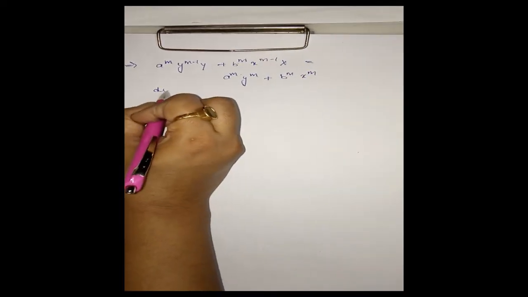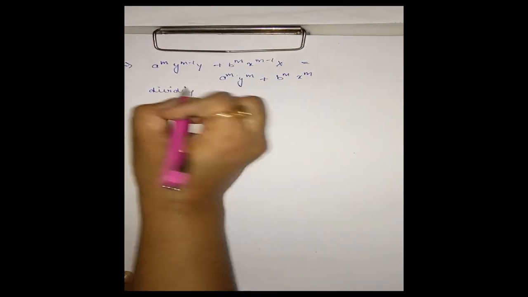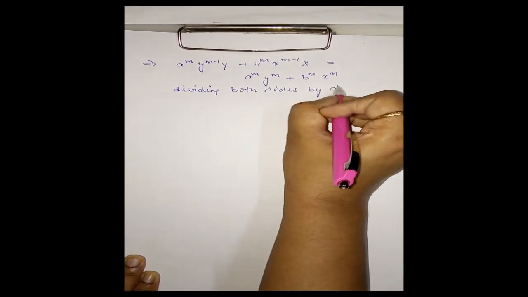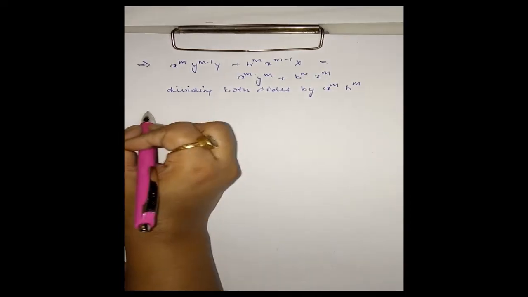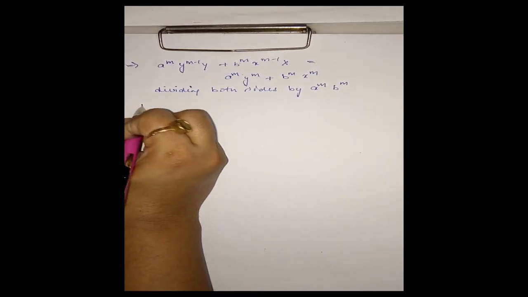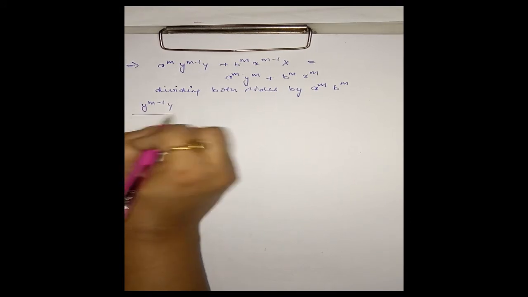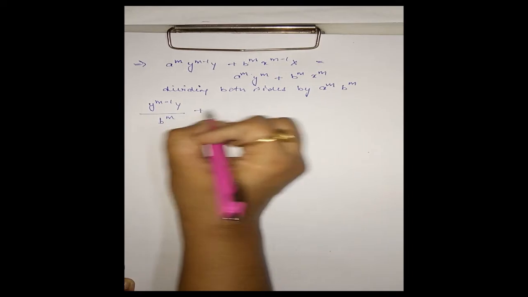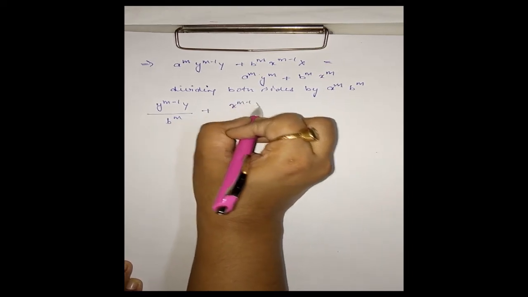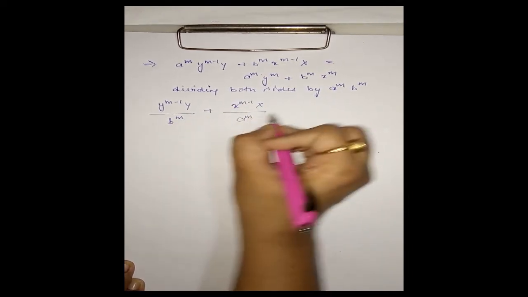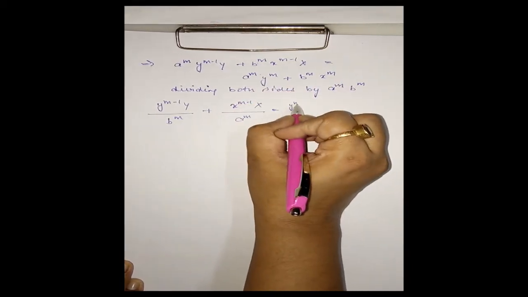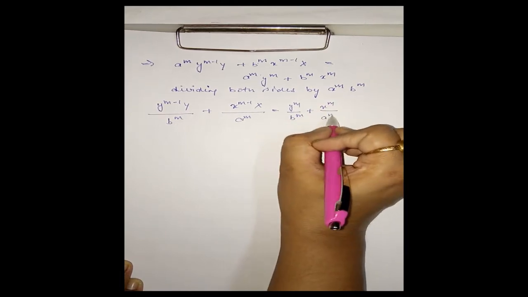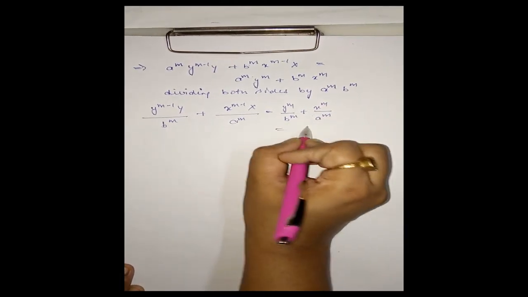Now dividing both sides by am bm, this will give us ym minus 1 into capital Y, am will get cancelled out, and same here it is xm minus 1 into capital X by am, and this is equal to ym upon bm plus xm by am, which is nothing but equal to 1.